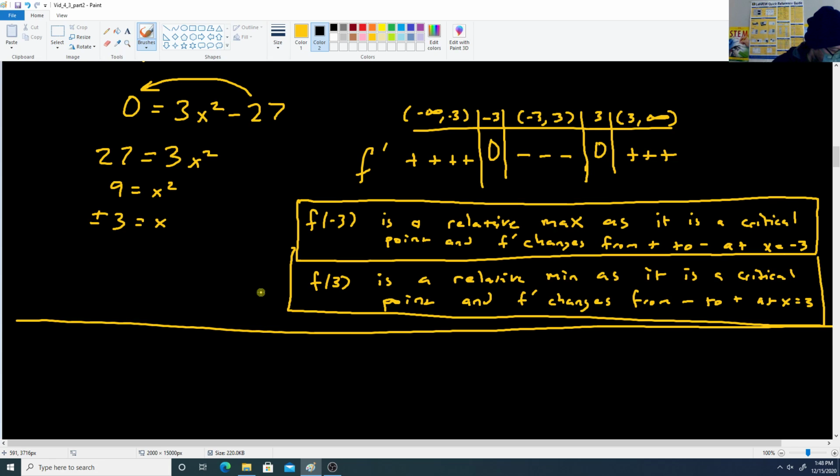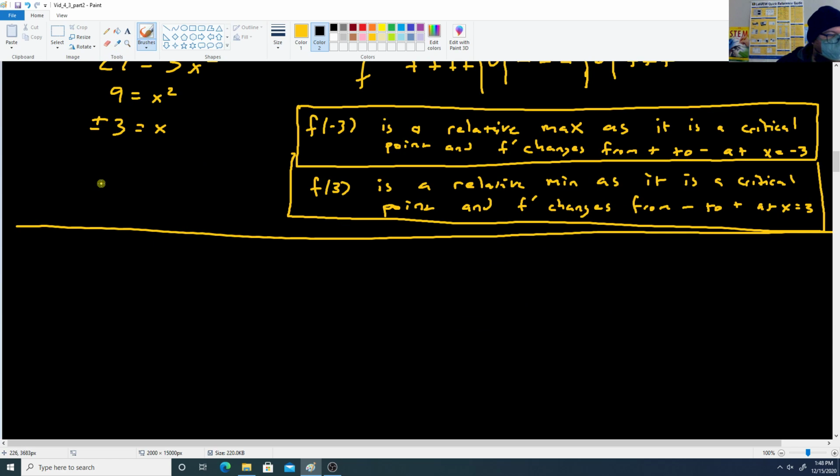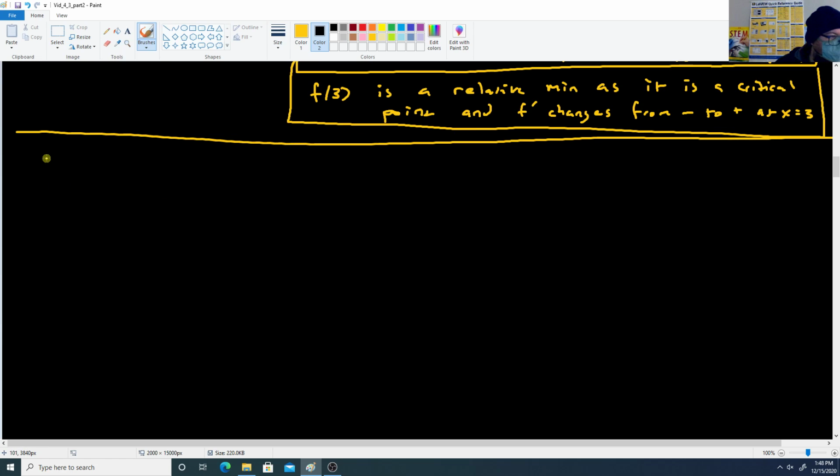Okay, so the next example, and then we just got one or two after that to wrap up the section. So this will be example 5.